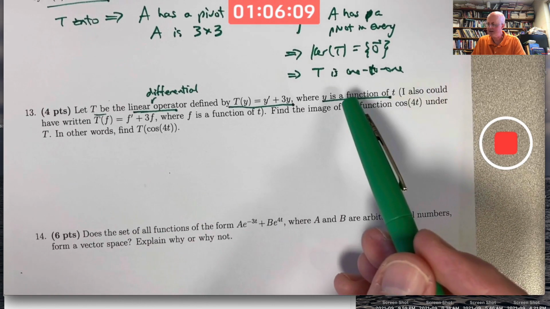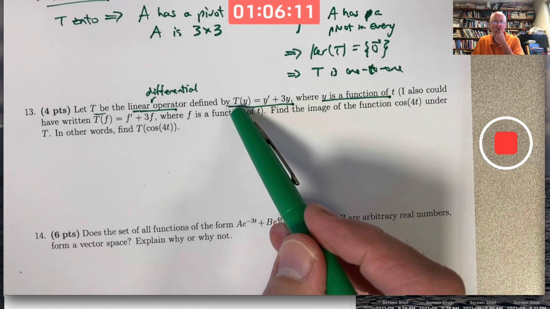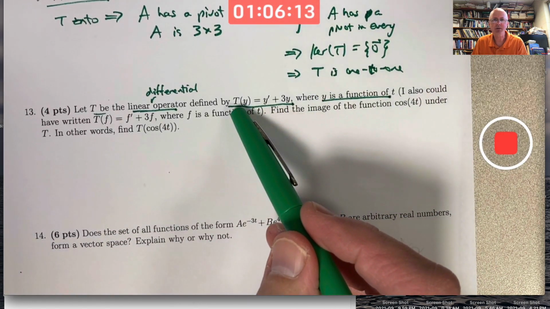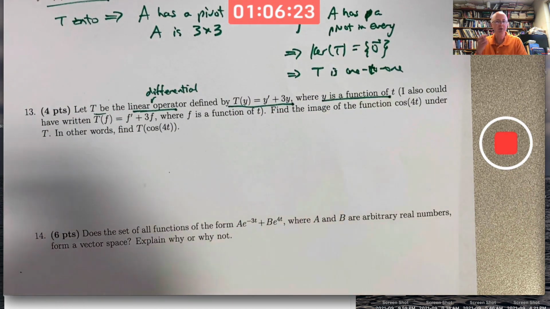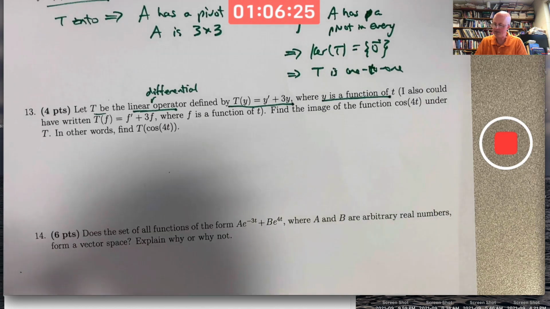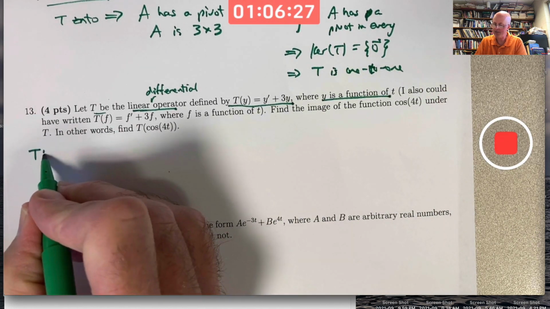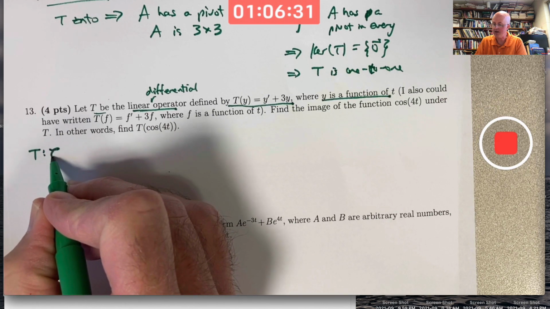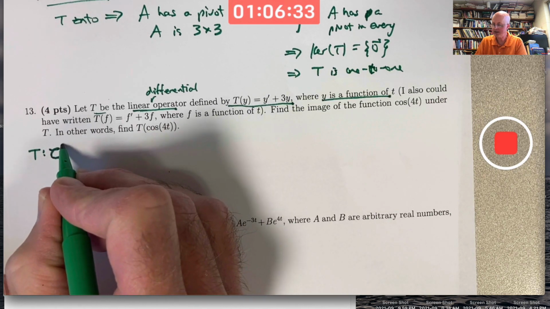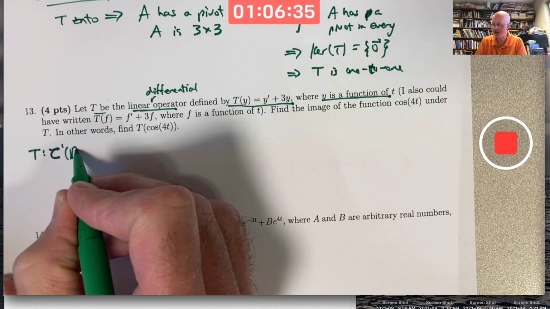What does this mean? What do you plug into T? You plug differentiable functions into T. Or to be a little extra careful, it's nice to plug in continuously differentiable functions. You could think of, for example, T as being a mapping from the vector space of all continuously differentiable functions defined on the entire real line.